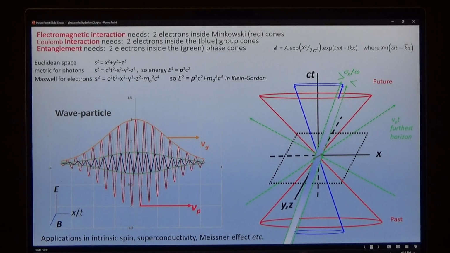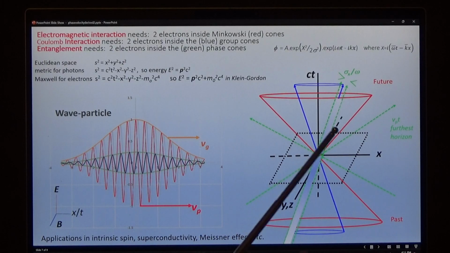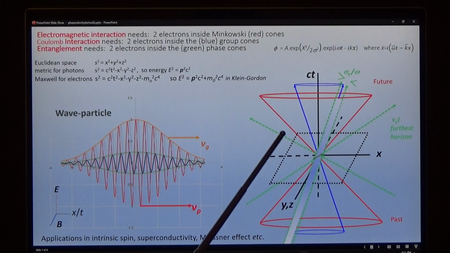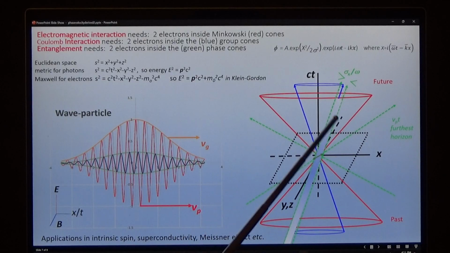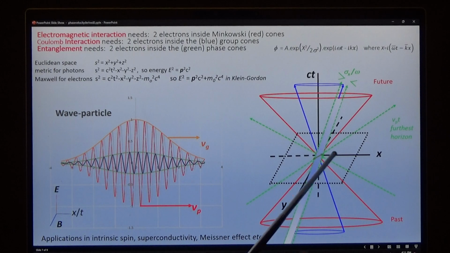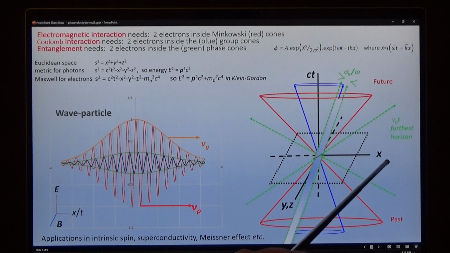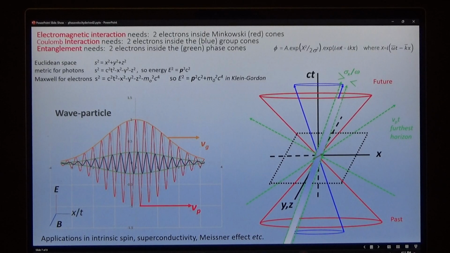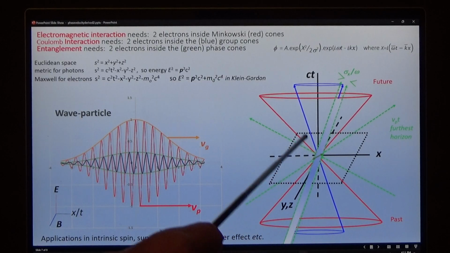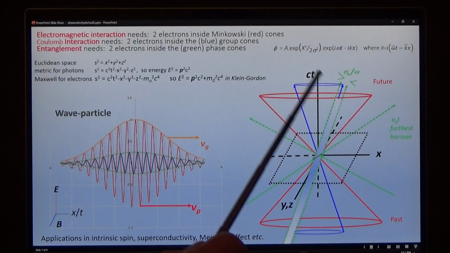Well, let's go on to Minkowski space, and this is the last slide, except for the conclusions. In Minkowski space, which is relativistic, time is in the vertical direction, propagation direction in the horizontal direction, and the transverse plane, YZ, supposedly in this case uniform, is used to describe velocities in Minkowski space.